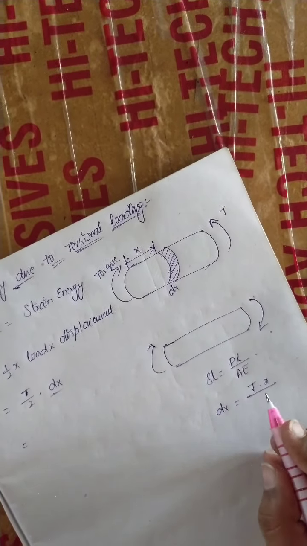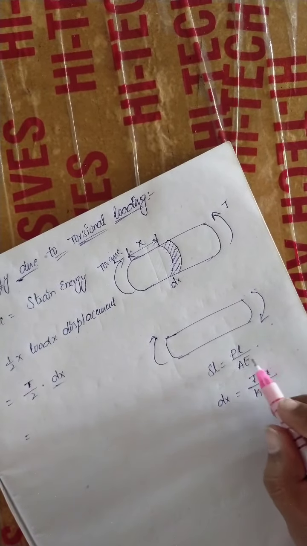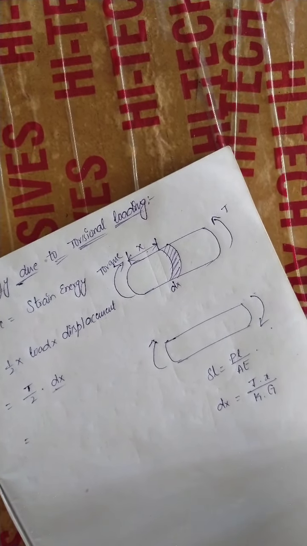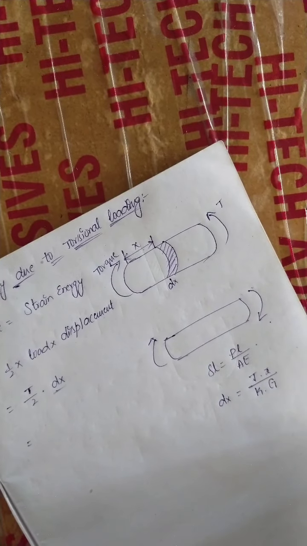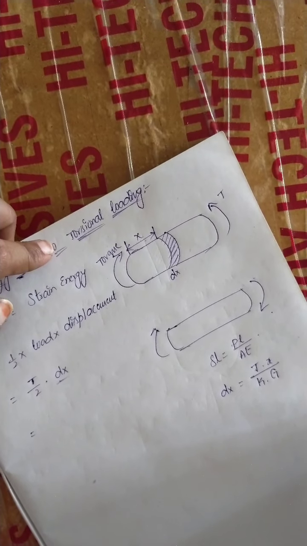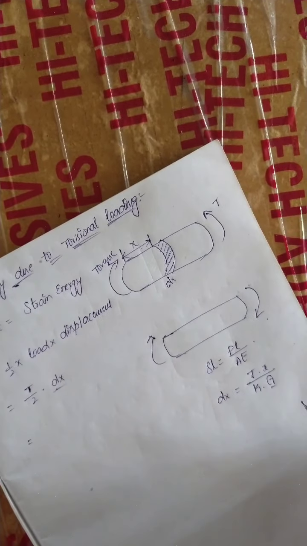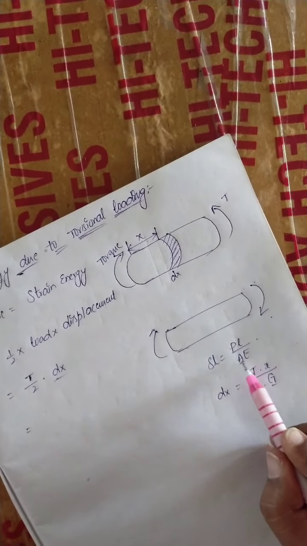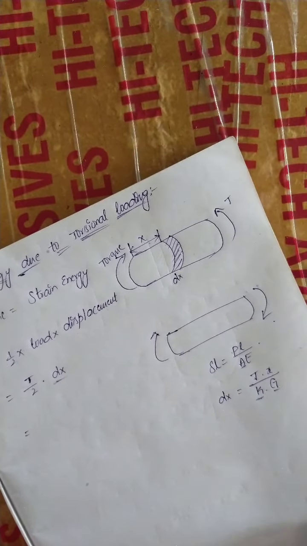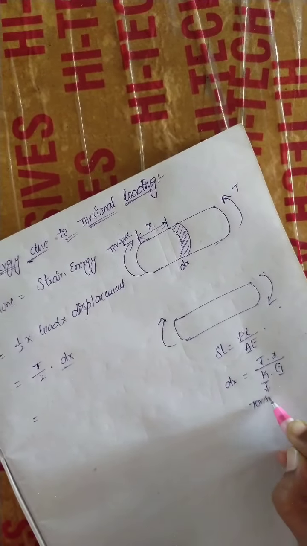Instead of A you consider some torsional constant K, and instead of Young's modulus you consider shear modulus G, because shear deformation is also going to happen since the torsion acts along the skin of any element or structure. So you have to consider shear modulus G only. The only change is that instead of area you take one constant term which gives the effect at the time of torsion, that is K, the torsional constant.